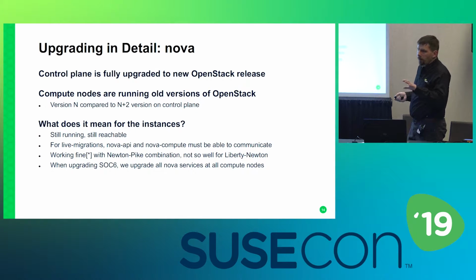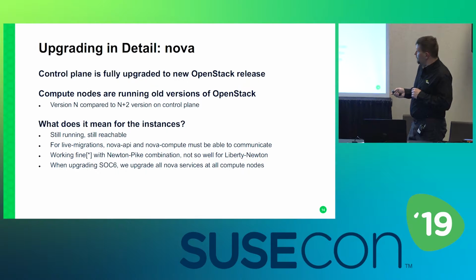So basically only some Python packages were upgraded to the new version, but the compute nodes were still running the old service pack, and most of the packages were still from Liberty. Fortunately, it did work, but the system was kind of mixed, and we were glad that we did not have to do it in the next release.